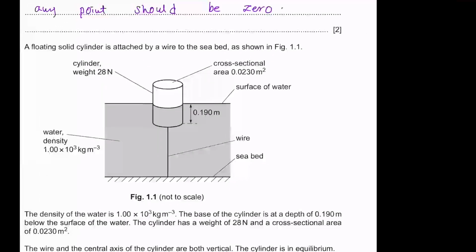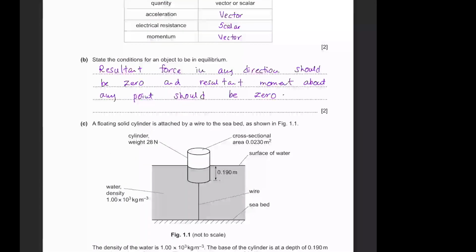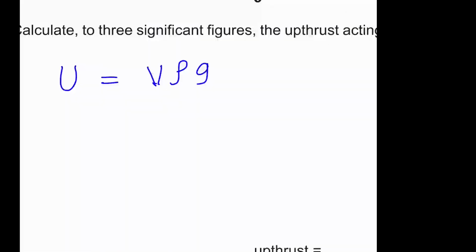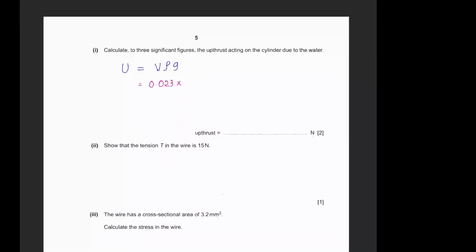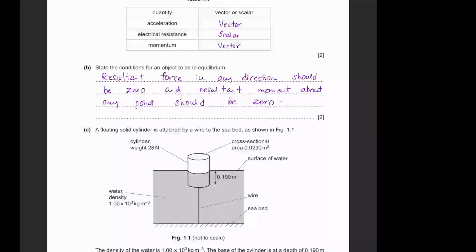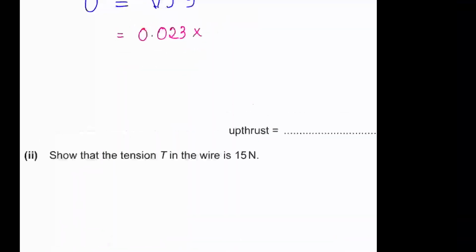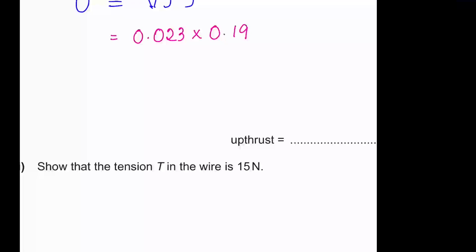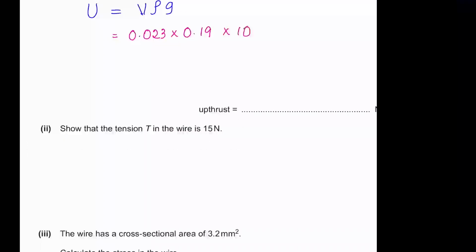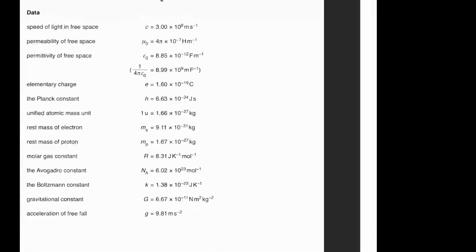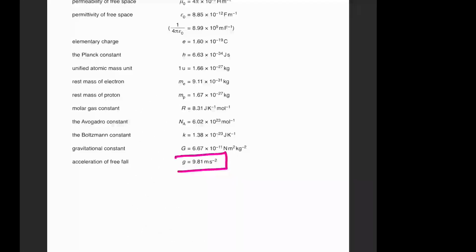The cross-sectional area given is 0.023, multiplied by the depth of the cylinder within the liquid, which is 0.19. This will give you the V, into rho, that's 1000, into g, which is 9.81. g is taken as 9.81, not 10.